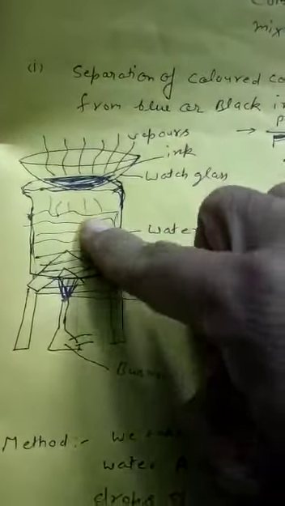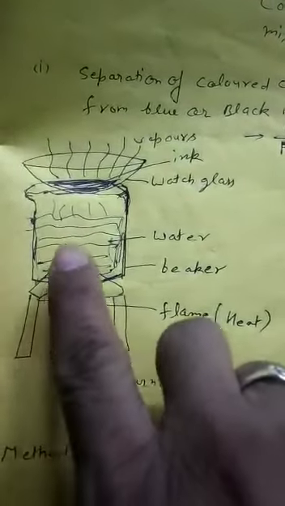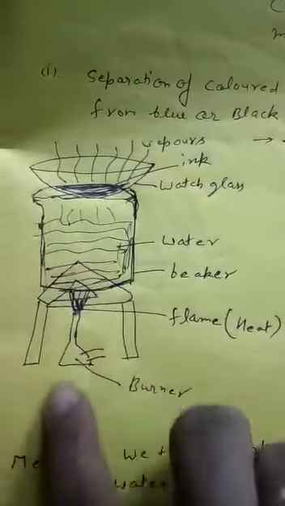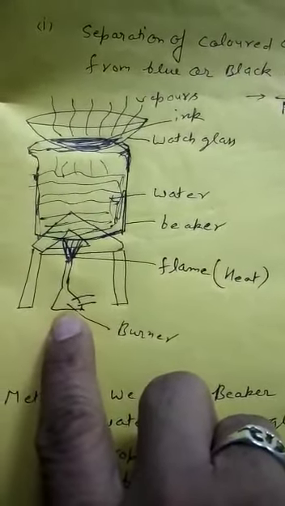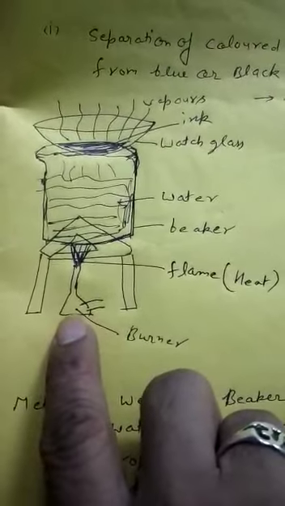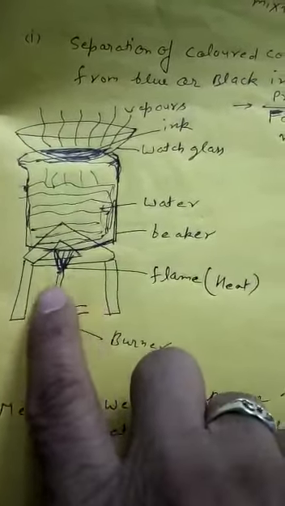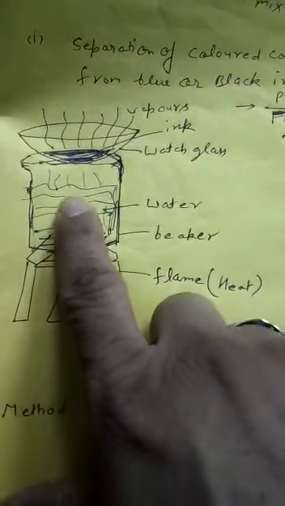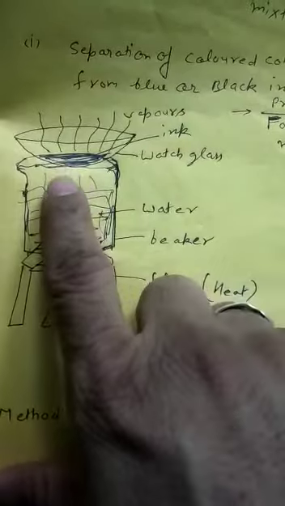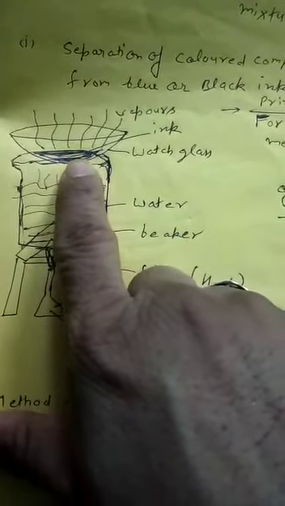Then we use the stand here, a tripod stand, on which we have kept the beaker, and we are using the burner. You can take a Bunsen burner in your lab if you have. By the flame of this burner, heating is done and water vapors are formed, and these water vapors heat the ink present in this watch glass.